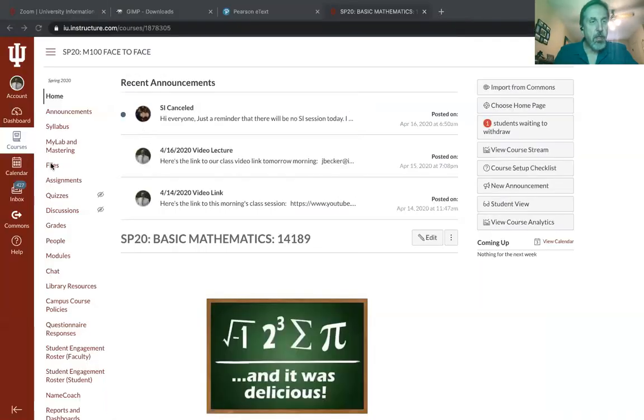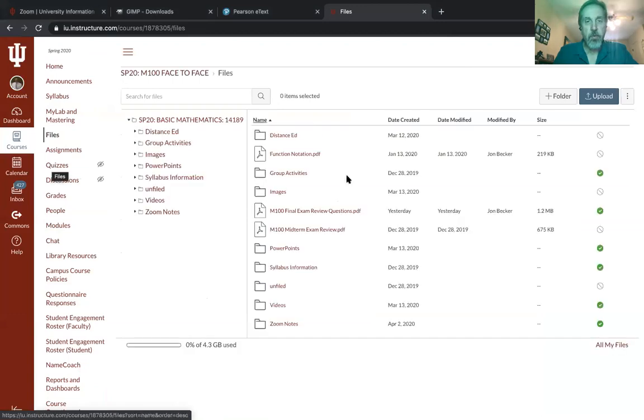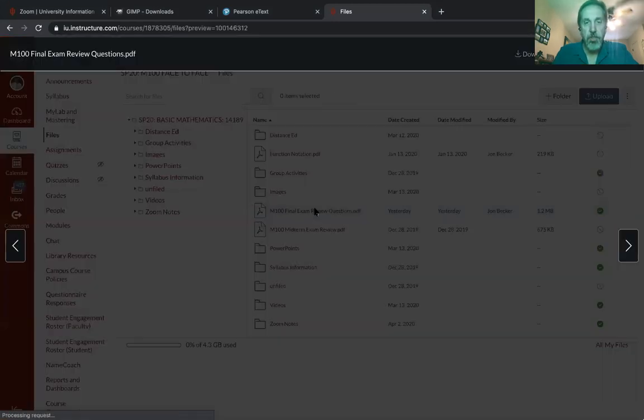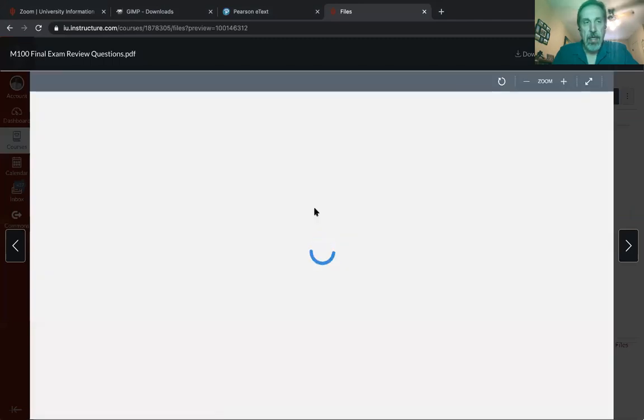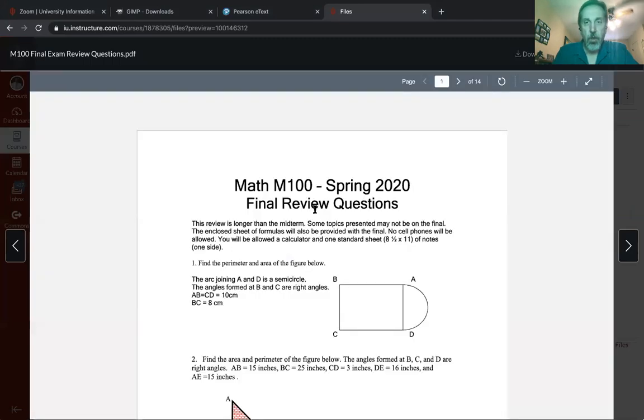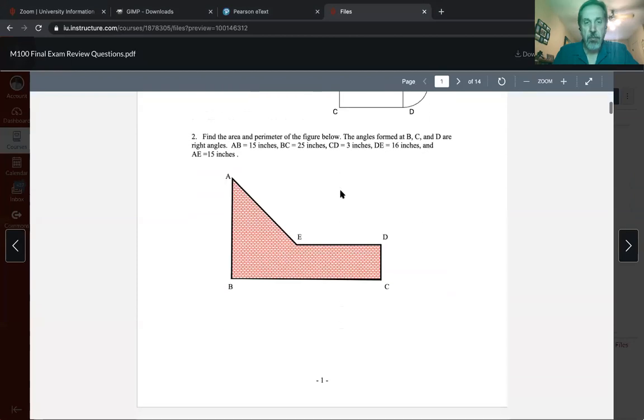Speaking of Canvas, I want to share with you the fact that I did go into Canvas and post your final exam review. If you go to the Files menu in Canvas, in the general section, not in the Zoom notes, if you scroll down, you'll see M100 final exam review questions. If you click on that, it will open up a 14-page document.